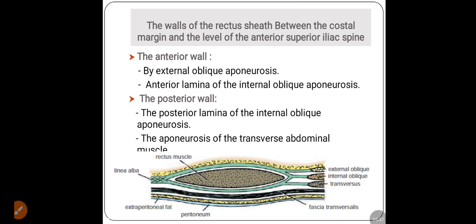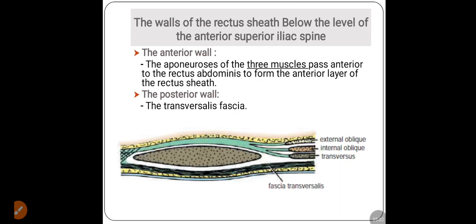Between the costal margin and the level of the anterior superior iliac spine, it has an anterior and a posterior wall. The anterior wall is formed by the aponeurosis of the external oblique and the anterior layer of the internal oblique. The posterior wall is formed by the aponeurosis of the transversus abdominis and the posterior layer of the aponeurosis of the internal oblique. Below that level, the anterior wall is formed by the aponeurosis of the external, internal, and transversus abdominis. Okay?